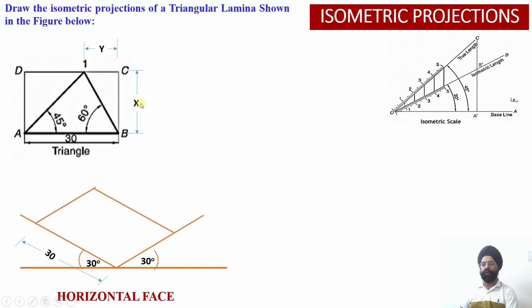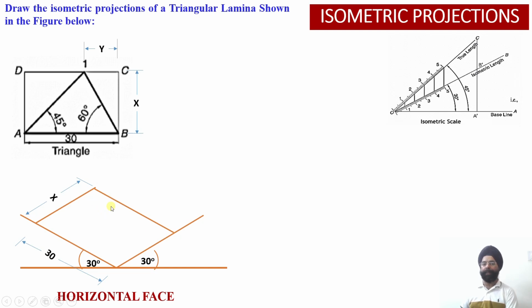This may be 22, 27 or 26; whatever the measurement of x, it will be drawn on this side. The horizontal face shows 30, which corresponds to AB, and this vertical face is BC, so BC is x. This is my isometric axis, and these two lines are my isometric lines.